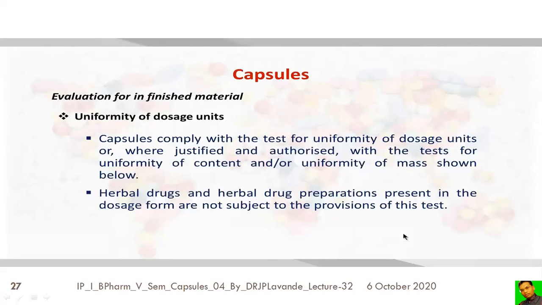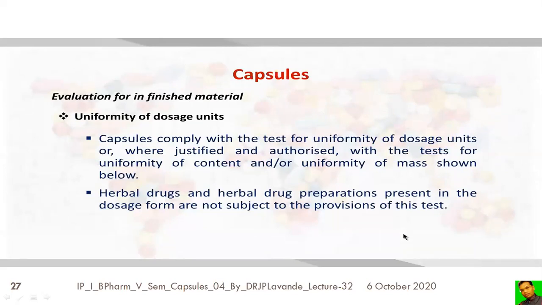Uniformity of the dosage units. So that is the delivery of the filled content, delivery of the active ingredient. Capsules comply with the test for uniformity of dosage units or, where justified and authorized, with the test for uniformity of content and or uniformity of mass shown below.